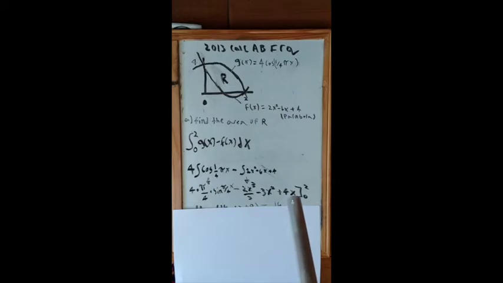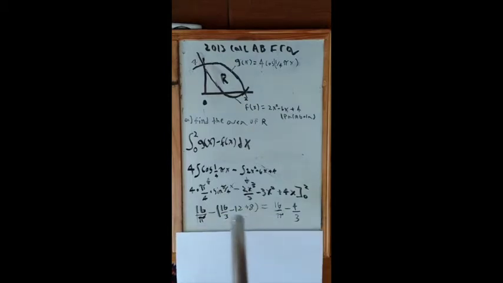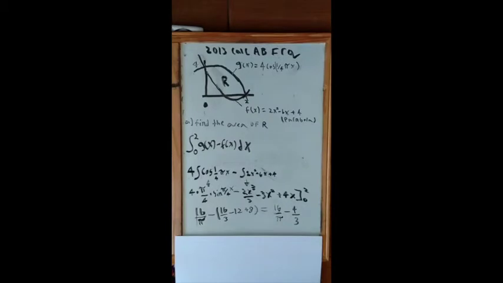After you have the antiderivative, remember your interval from 0 to 2. You just plug that in and simplify, and your entire answer should be 6 pi minus 4 over 3.